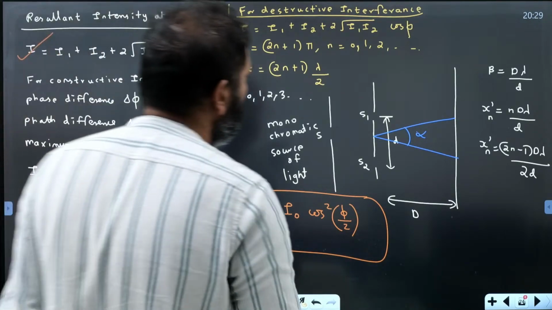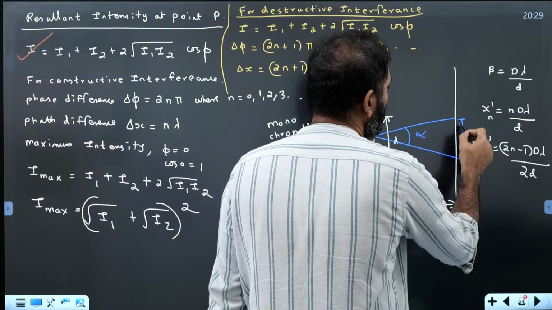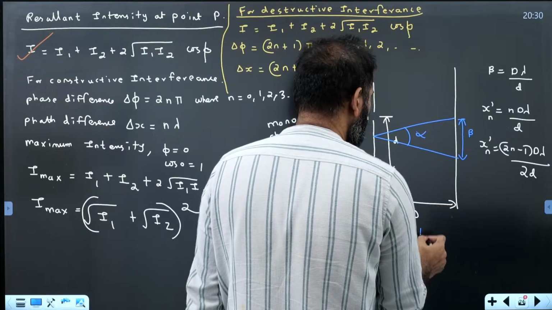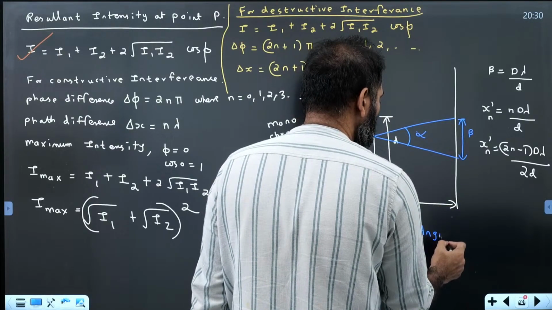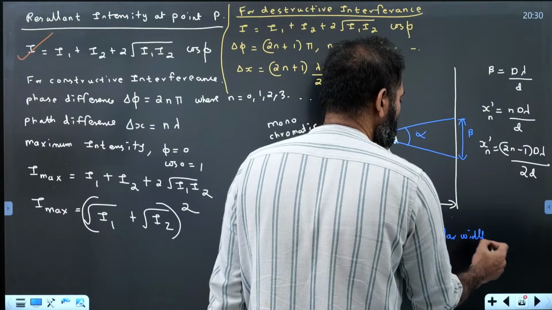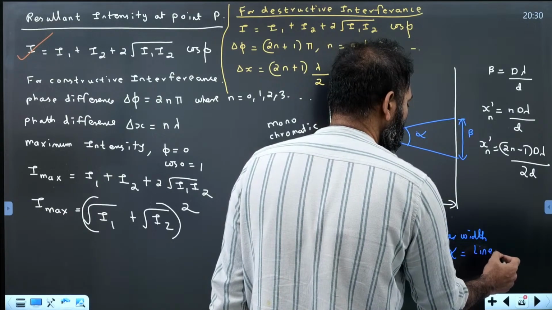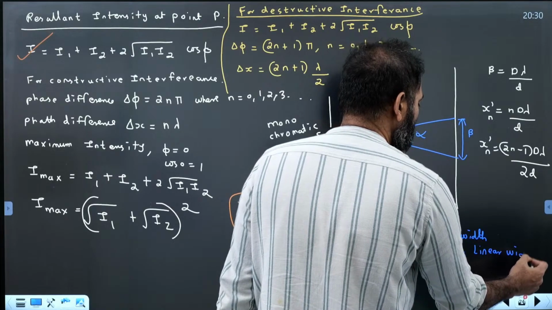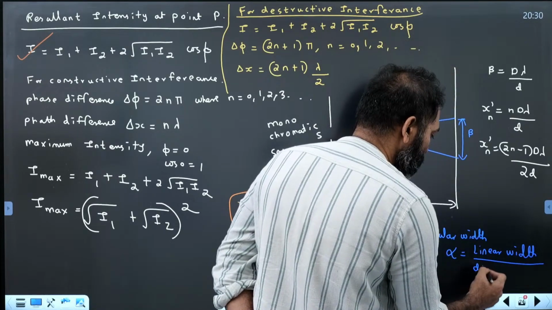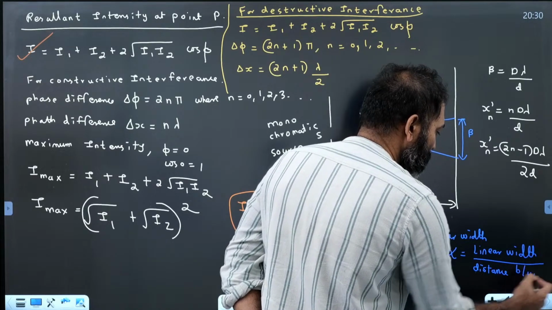Angular width alpha, then this will be what? Fringe width beta, this will be d. Angular width alpha is equal to, please note down this equation, angular width alpha is equal to linear width by distance between coherent source and screen.